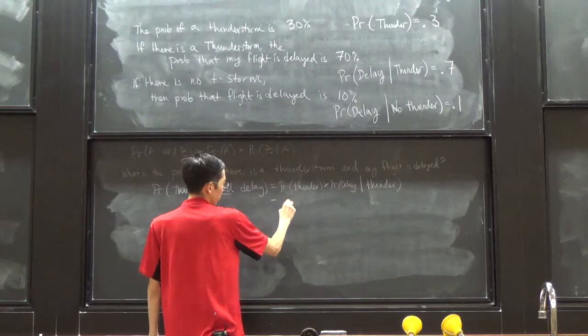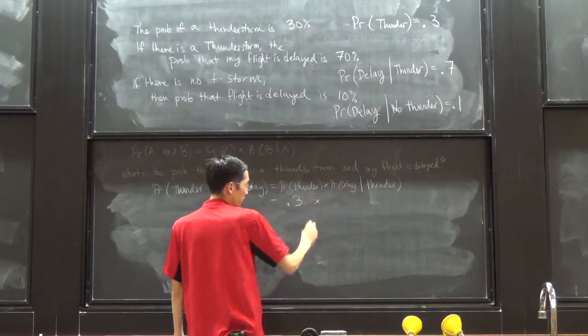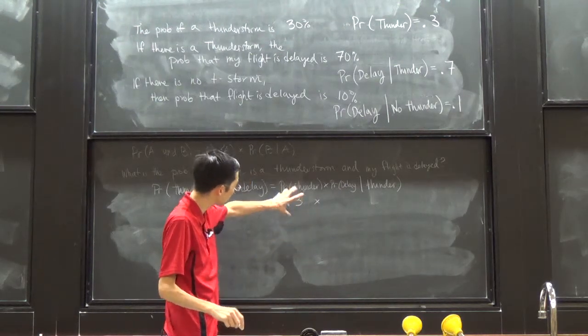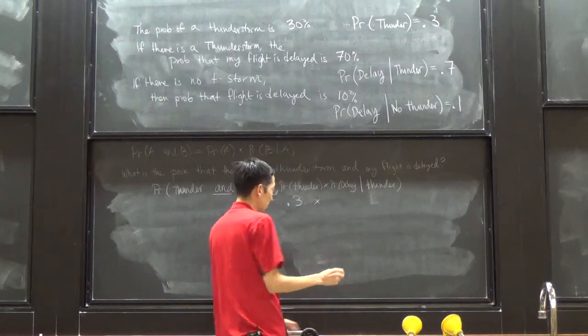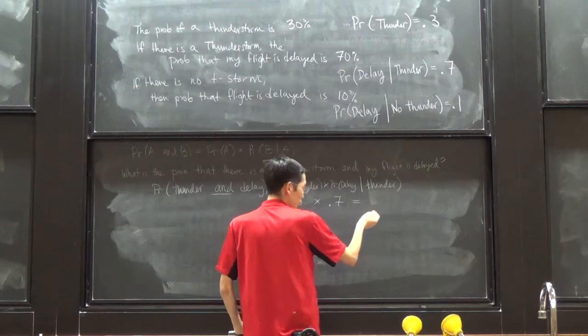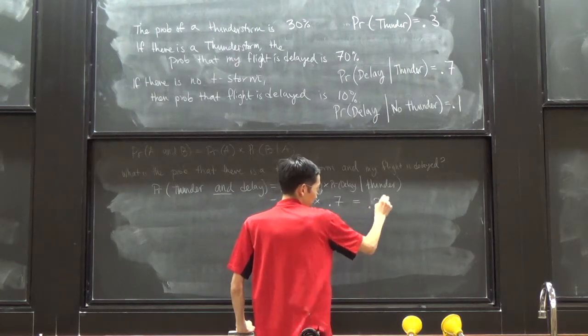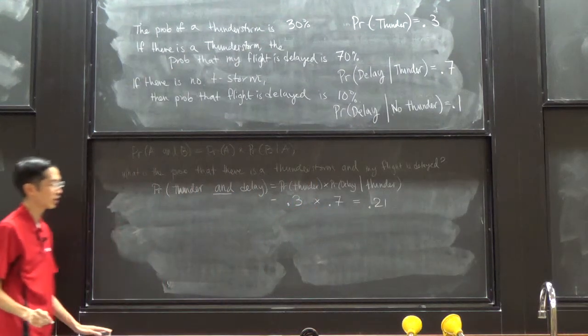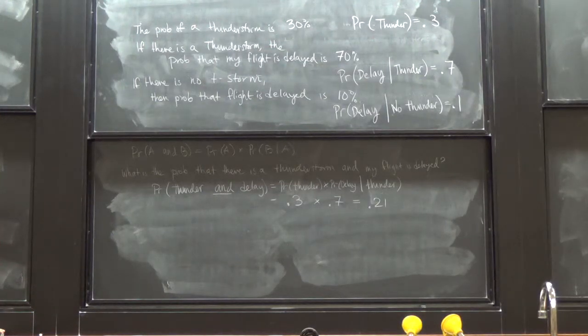So there is a 0.3 chance of a thunderstorm, and if there is a thunderstorm, if that does come to realize, then the probability that my flight is delayed is 0.7. So an overall probability of thunder and delay to be 0.21.